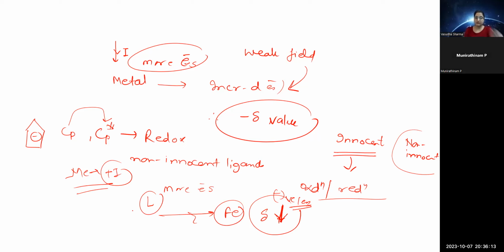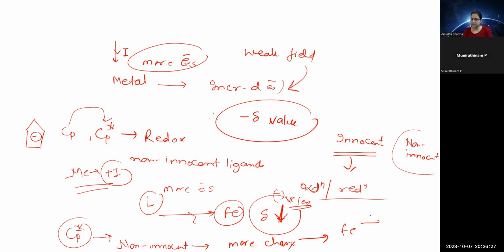But what we are observing in the case of Cp star, since it is a redox non-innocent ligand, is that it will have more charge density, and to balance it out, iron starts losing the d electrons. So it moves towards iron in plus 3.